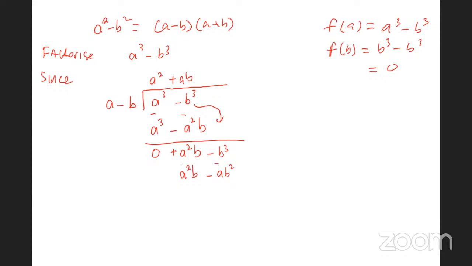Minus sign, minus sign. A squared b minus a squared b, that'll be 0. Then you have a minus here and a minus here, so that will give you plus a b squared, and then you bring down here minus b cubed. What's the next step? Go again.